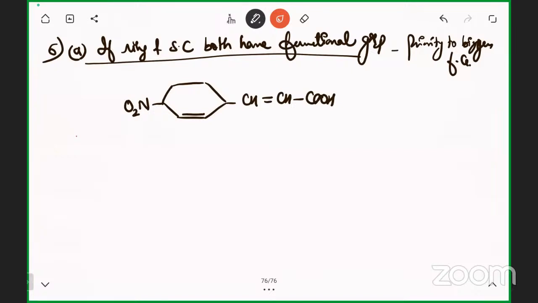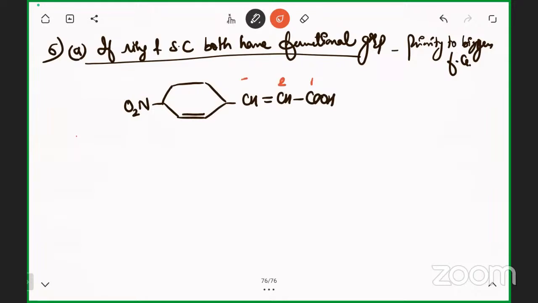So which one is bigger, NO2 or COH? Yes, Vignesh. Which one is bigger? COH or NO2? I think COH. Yes, COH. I've told you the priority order. So if COH is a bigger functional group, then priority should be given to this one.